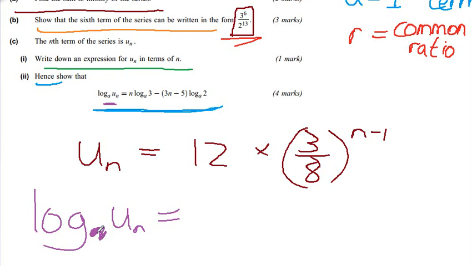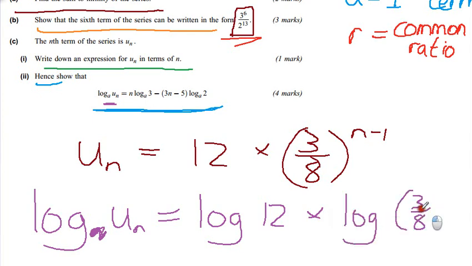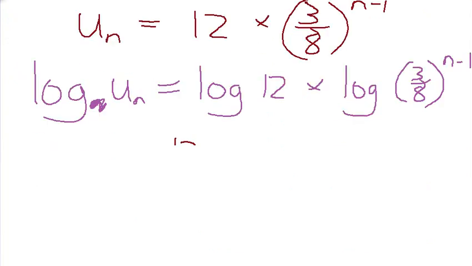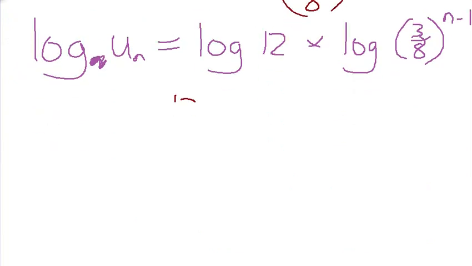Now I'm going to go through a lot of steps here, so I hope you can follow what I'm doing. First I bring the n minus 1 in front of the log, and split 12 into 3 times 2 squared.